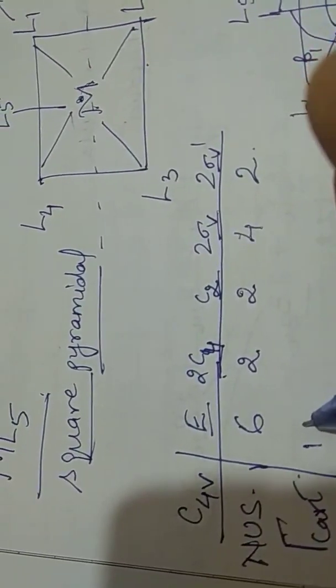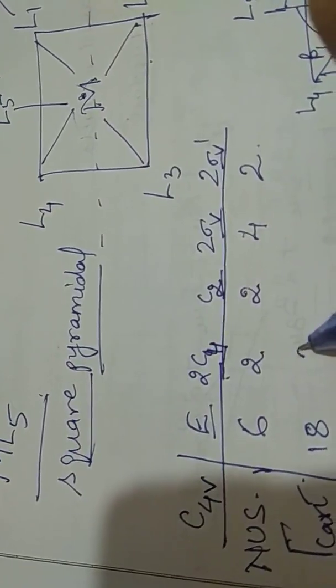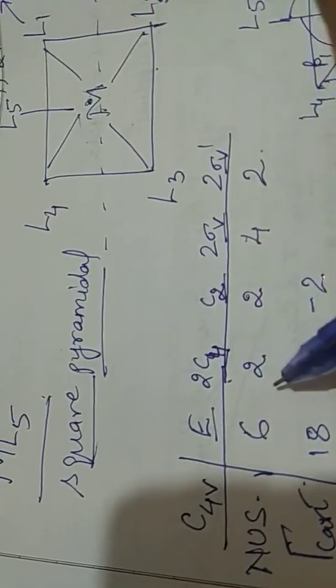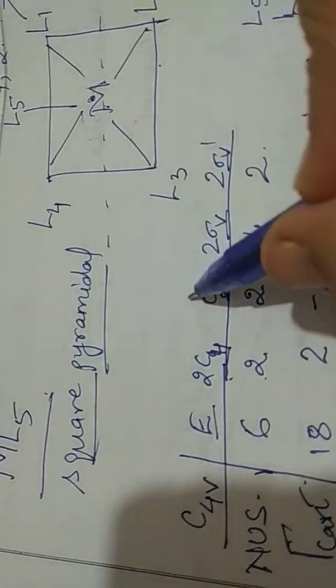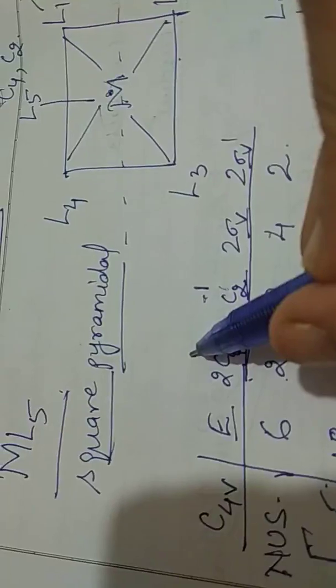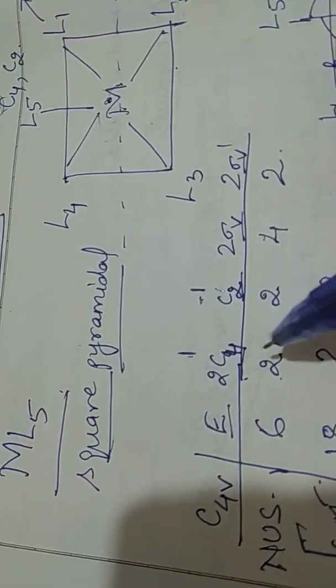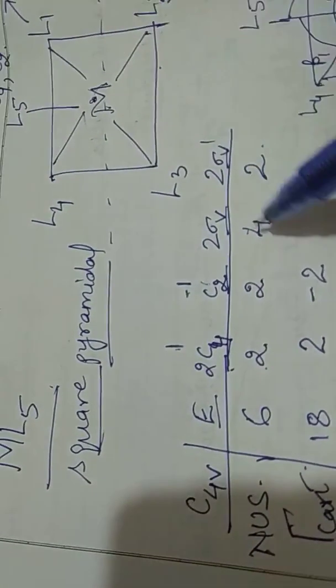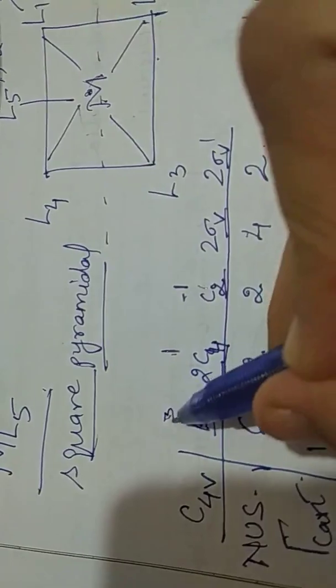So what will be the Cartesian for this? 18, 2, minus 2, because you know for C2 it is generally minus 1, the resultant, right? For this one it is 1 for C4. For E, you know the number of atoms, this is 3, so 6 3s are 18.